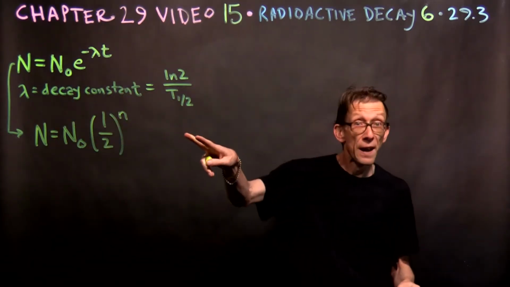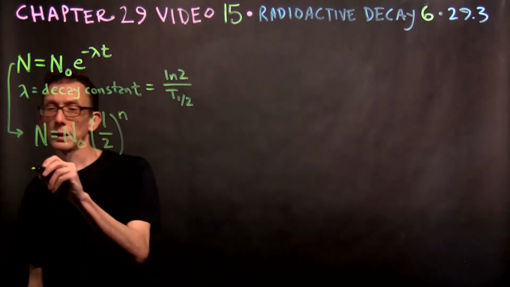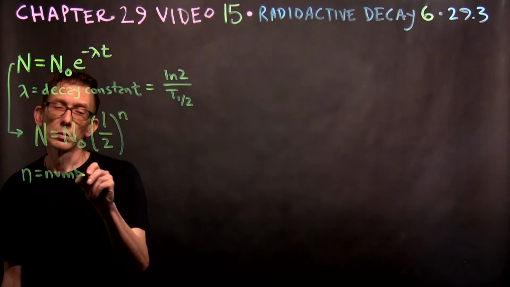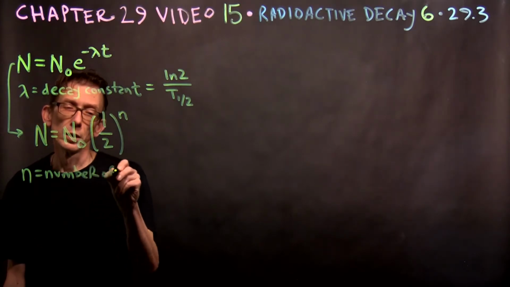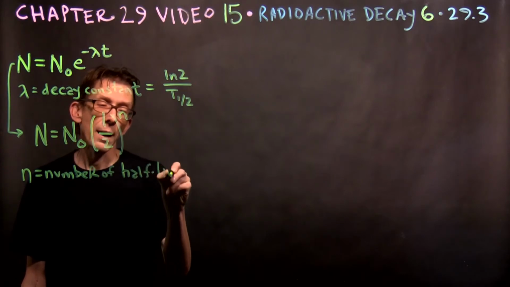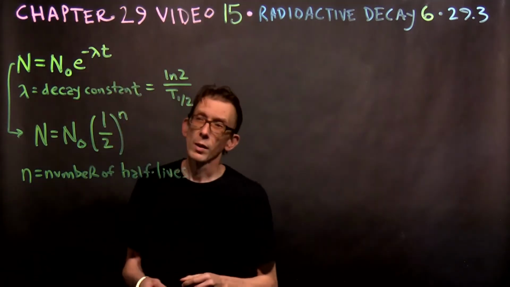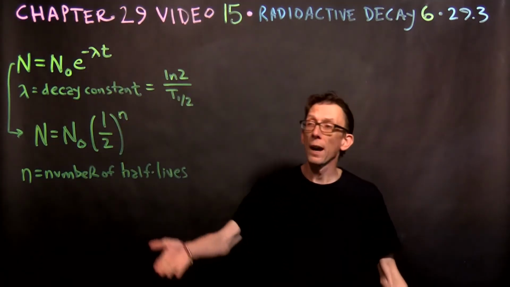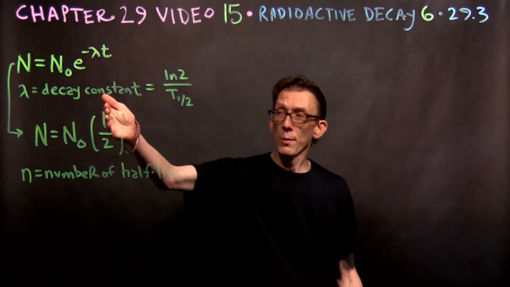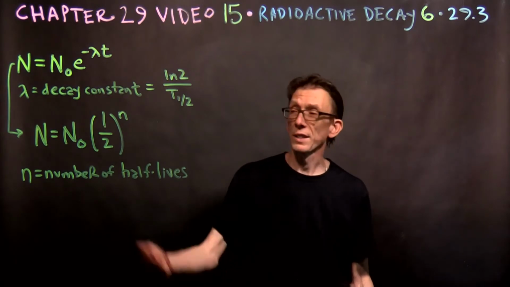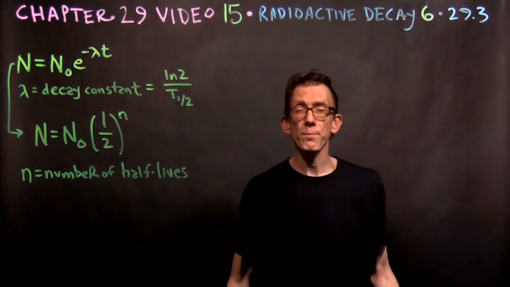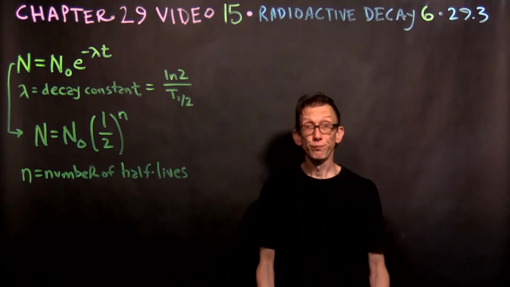And this is really the definition of half-life, where n is the number of half-lives. So after 12 half-lives, you have N naught times 1/2 to the 12th power. That's how many you have left over. And again, I'll do an example using that in just a minute. So you have that to look forward to.